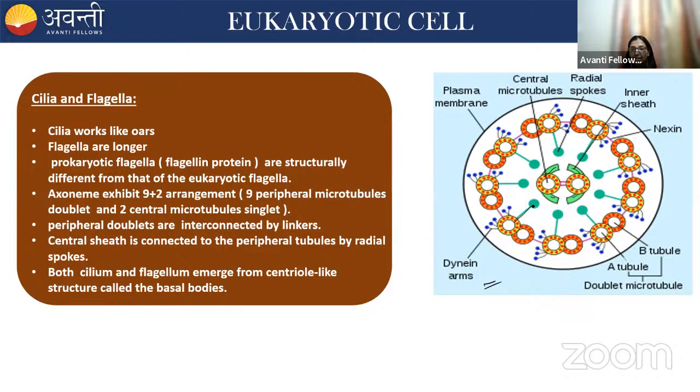These green ones are radial spokes. And the peripheral doublets are interconnected by linkers. And both cilium and flagellum arise from a centriole-like structure called the basal body.